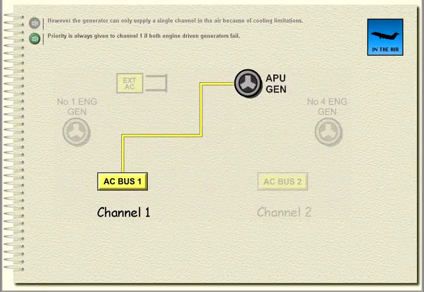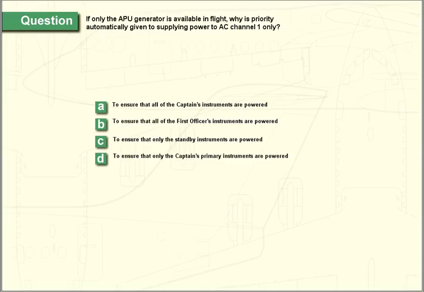Priority is always given to channel 1 if both engine-driven generators fail. If only the APU generator is available in flight, why is priority automatically given to supplying power to AC channel 1 only?